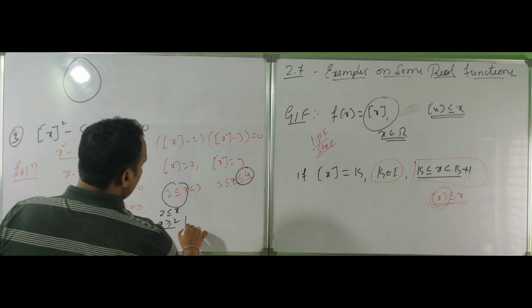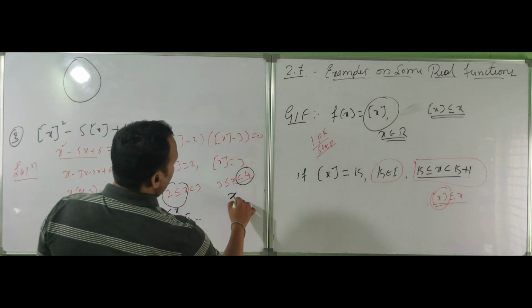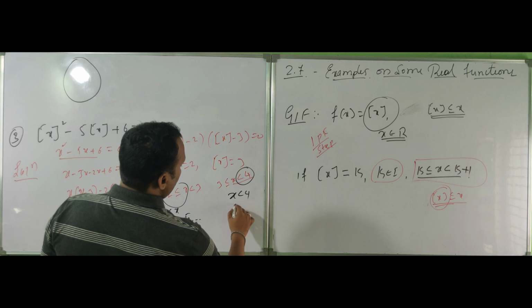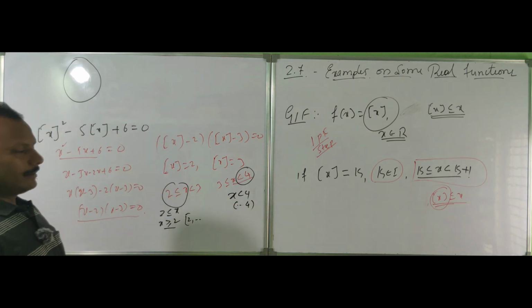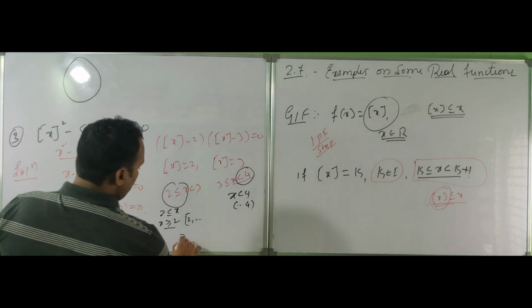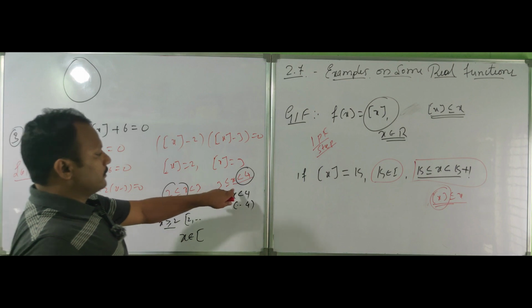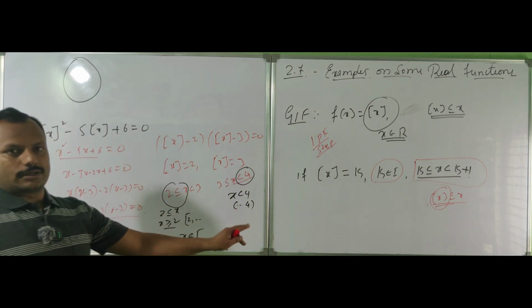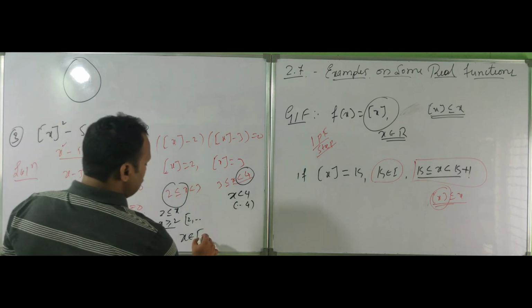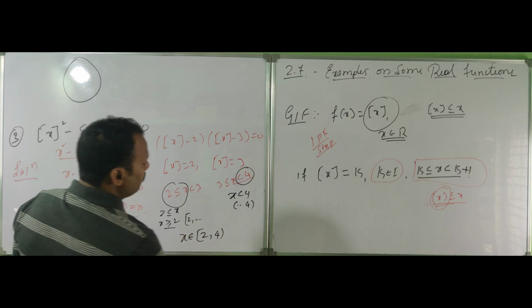For x is less than 4, we can write 4. Therefore x belongs to, we need 3 also, up to 2, 3, 4 is not considered. This is the 2 and 4 in open bracket.